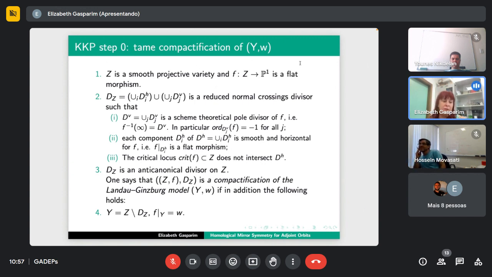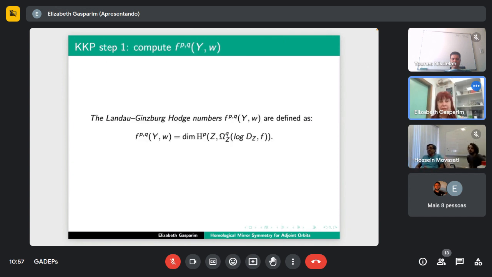So the first thing to do is to compactify, and it's really long. I'm just showing it as big and complicated. Now, once it has been compactified, they define three numbers. I will just show briefly what the numbers are. The first one is called f^Q, and it is some h^{p}(Omega^Q).